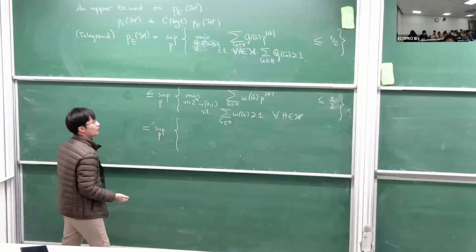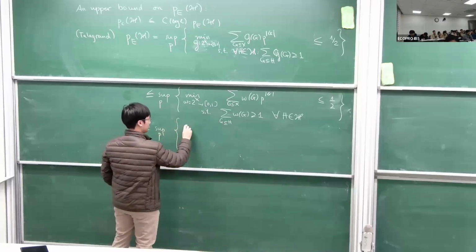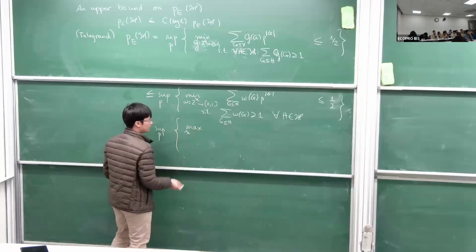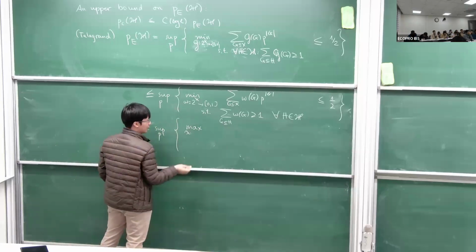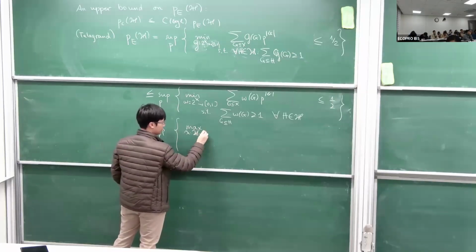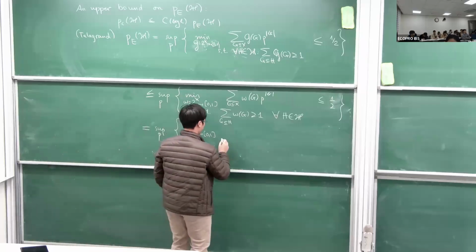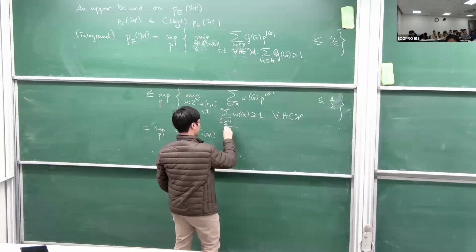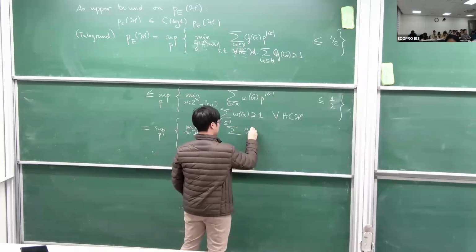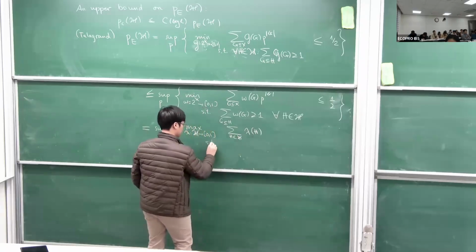So for the dual, we'll have one variable for each of the constraints here. So we will have this maximization problem, and the variables are going to be values lambda that assign non-negative values to the sets in H. And if you check what the dual should be, then you will get exactly this objective function and these constraints.